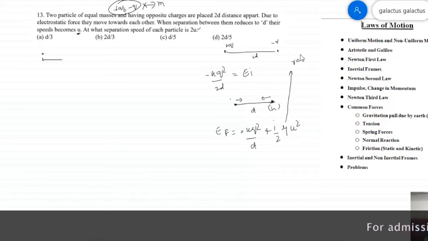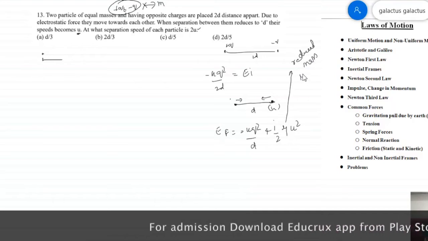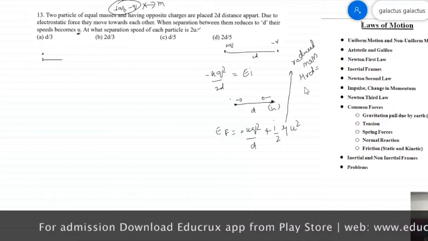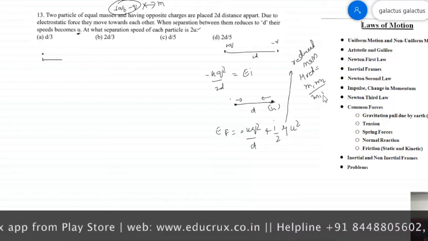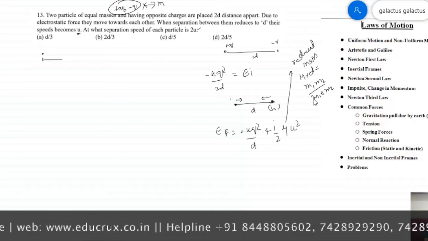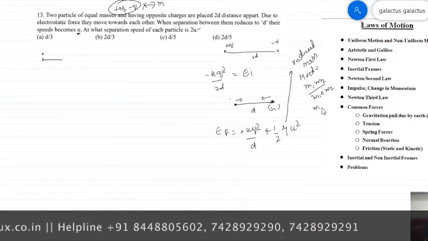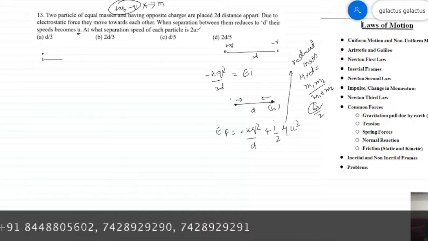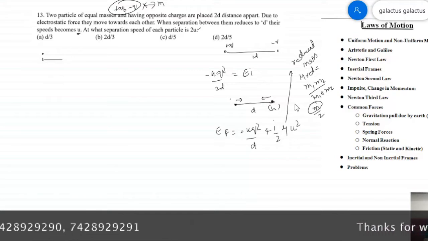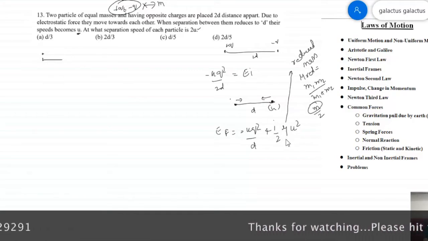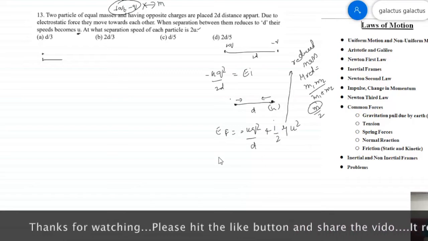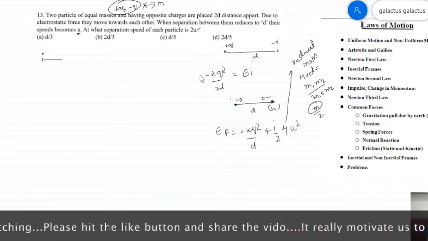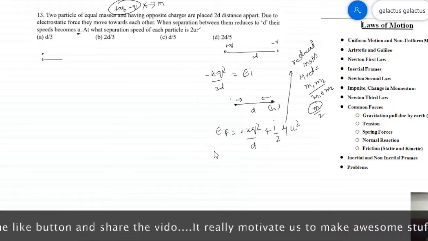Mu is the reduced mass of the system. Reduced mass is given by m1 into m2 upon m1 plus m2 for general two masses, but in our case it will be m by 2, and the mass of the particle is unknown, so indirectly we have to find the reduced mass too if we don't know m.